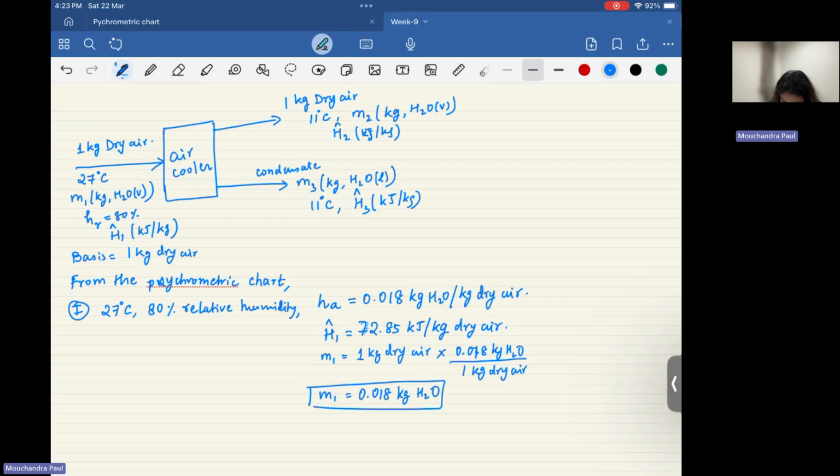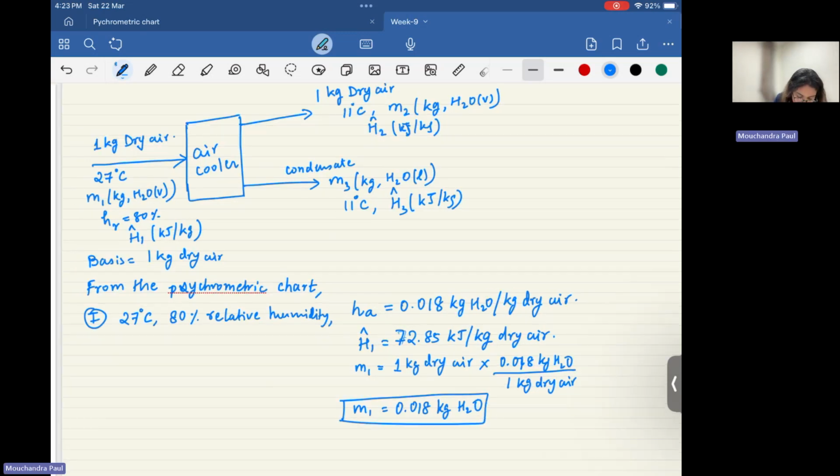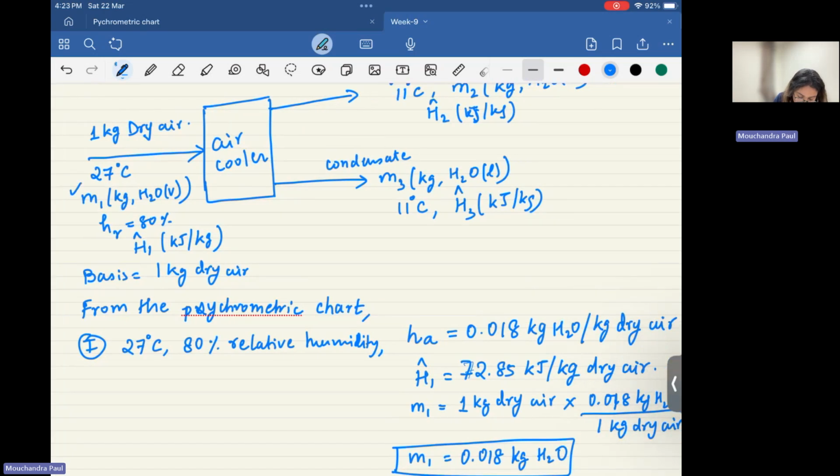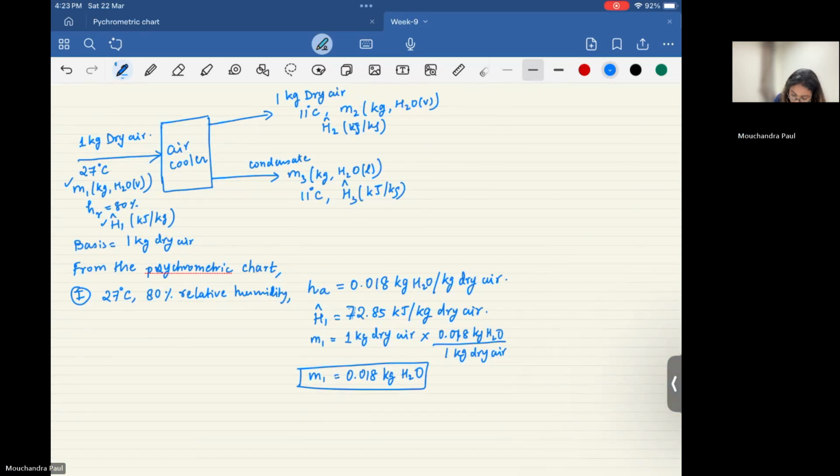This is your M1. Okay. So in condition 1, you now know M1, H1. Both quantities are known.